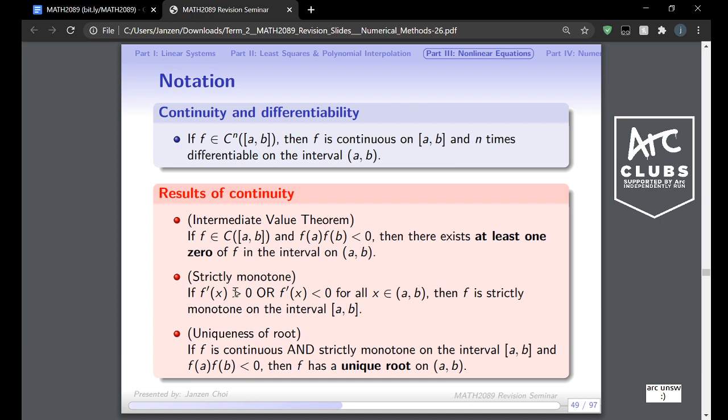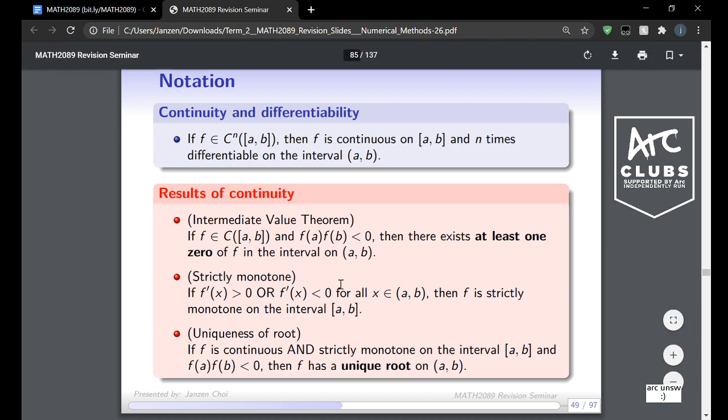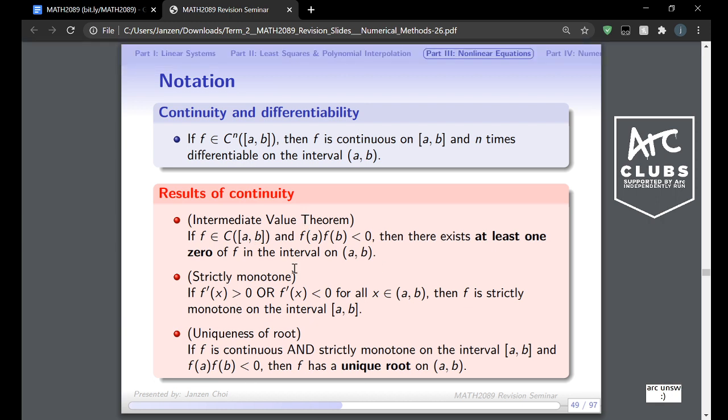If the derivative of a function is strictly positive or strictly negative for all values of x in a certain interval, then the function is monotonically increasing or decreasing on that interval. If we combine both of these ideas together, we can conclude that if these two conditions are satisfied, then there exists only one unique root on that interval.